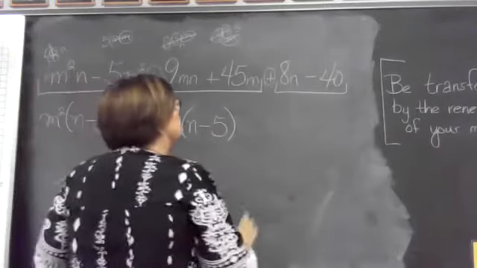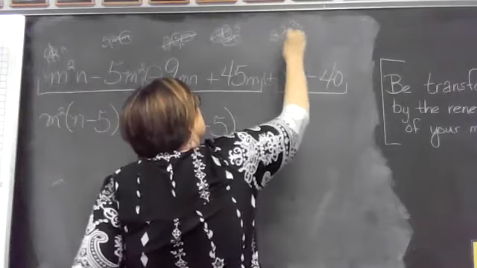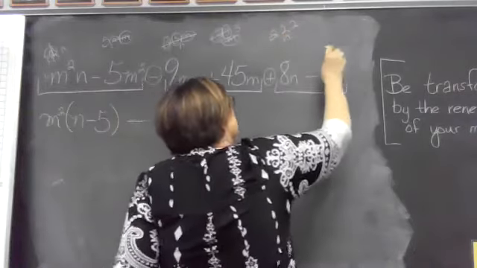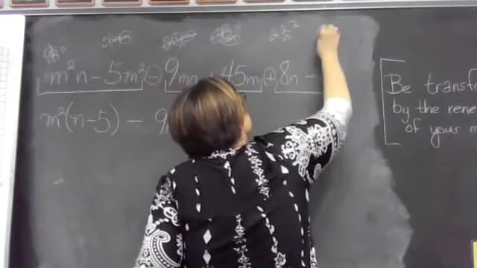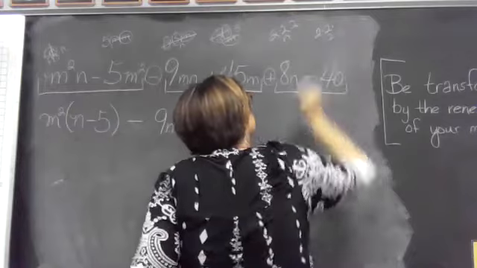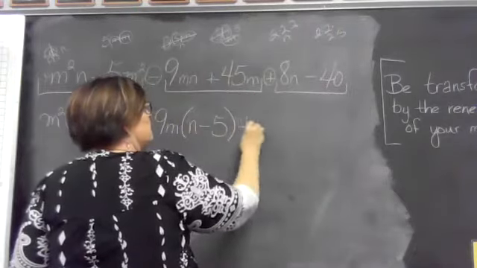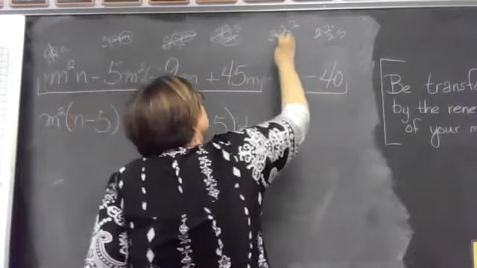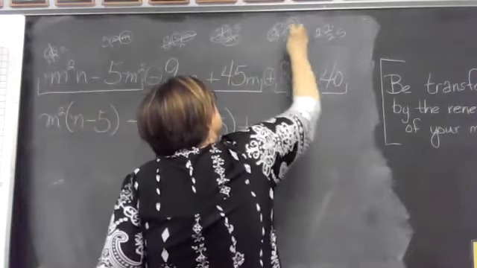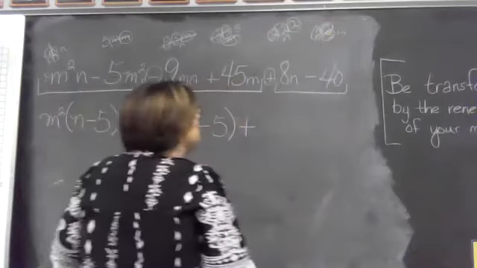The next grouping, I have 2 times 2 times 2 and an N. Here I have 2 times 2 times 2 times 5. Here's my plus. I have this, this, and this matches this, this, and this.